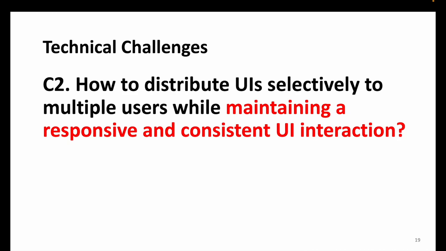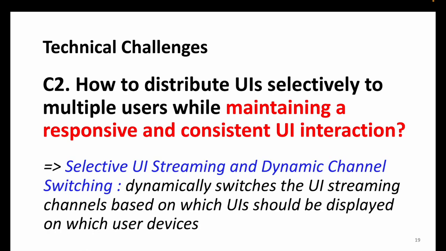For instance, a delay in updating the light bulb status could lead a user to repeatedly press the power button, inadvertently turning off a bulb another user had already switched on. To address this challenge, we introduce dynamic UI channel switching, a method that uses multiple multicast channels to reduce synchronization lag.